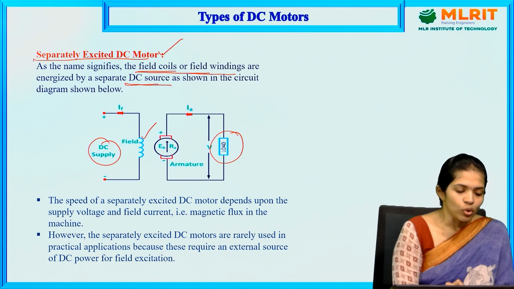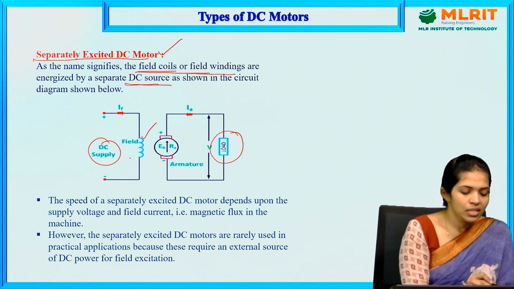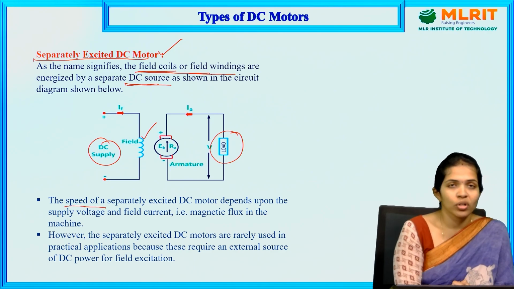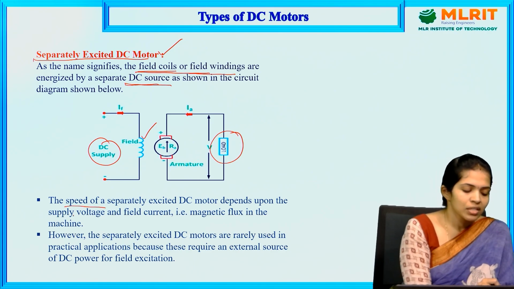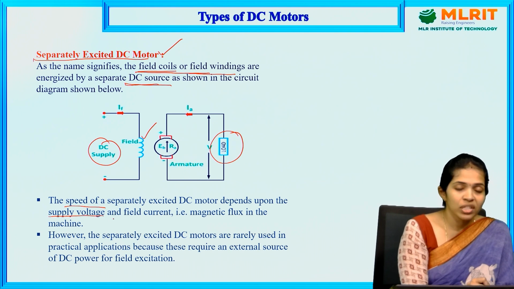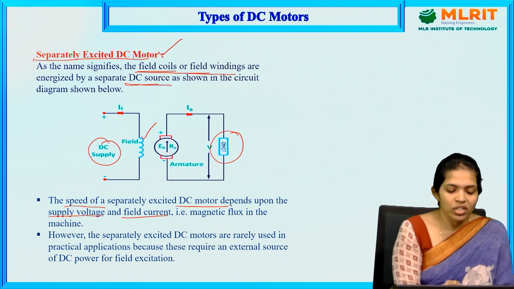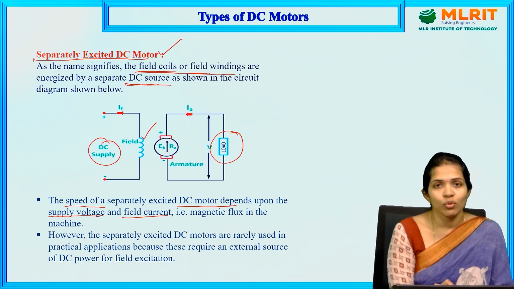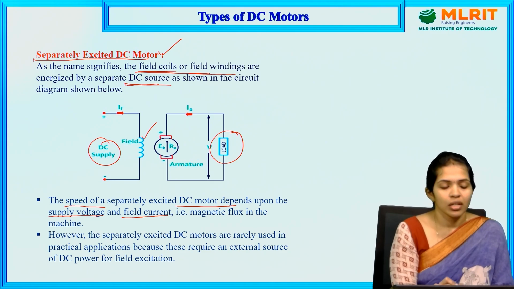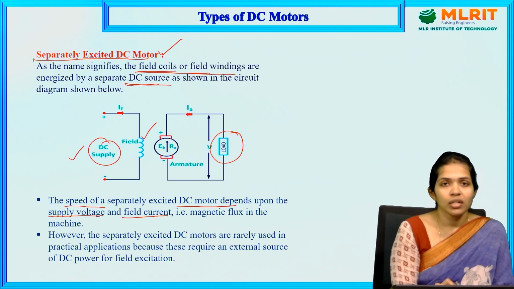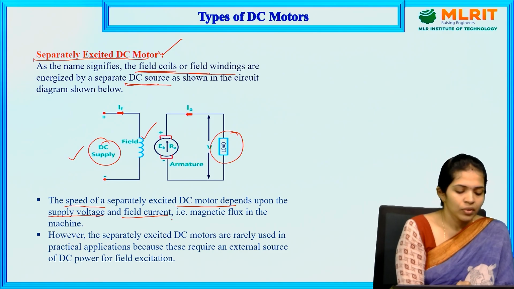Whenever a separate excitation is given to the field coils, that kind of motor is called a separately excited DC motor. The speed of this motor always depends upon the supply voltage, which indirectly depends on the field current.